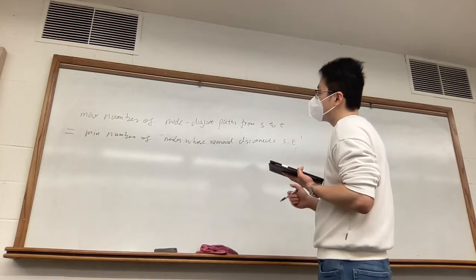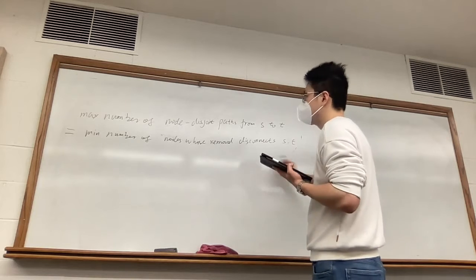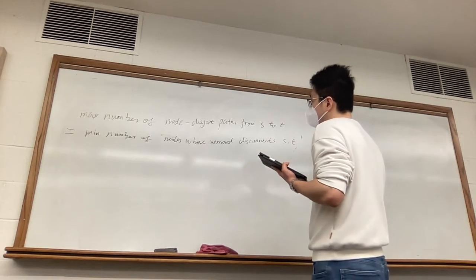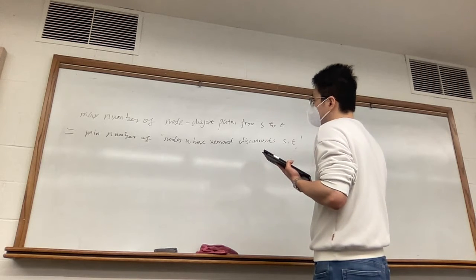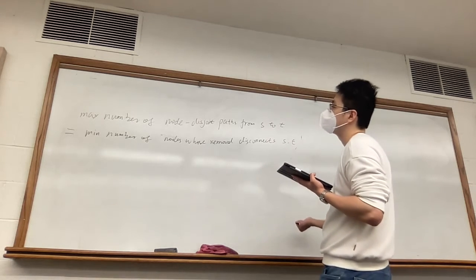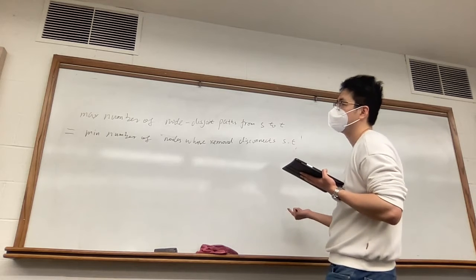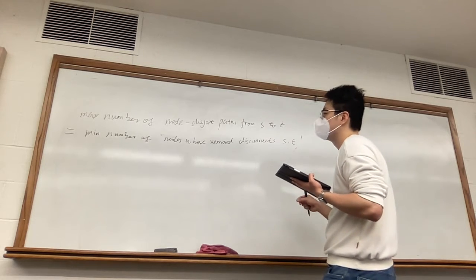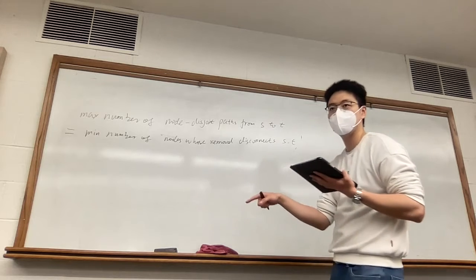The maximum number of node disjoint paths from S to T is equal to the minimum number of nodes whose removal just disconnects S and T. So the difference is that now we are talking about node disjoint paths, and we are removing nodes rather than arcs compared with the previous theorem.